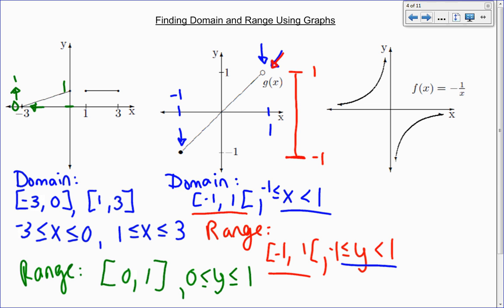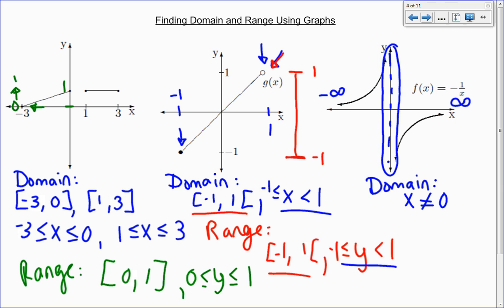Our domain here is, we have a vertical asymptote at x equals 0, which you can see here, vertical asymptote. Therefore, our domain is that x doesn't equal 0. Because if you look, the x values are going between -infinity and infinity. X just never equals 0.